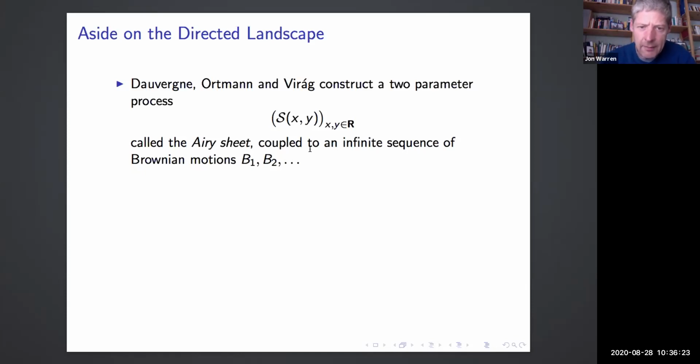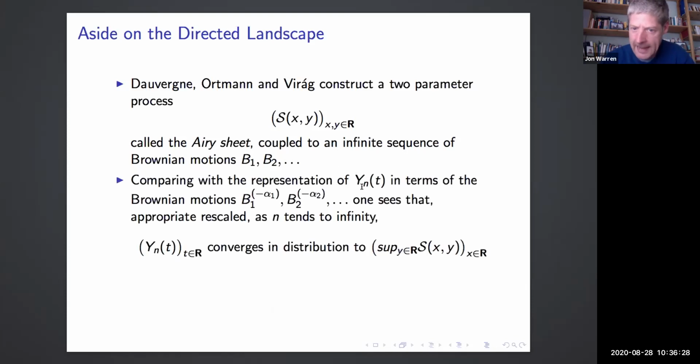And if you look at that coupling, and you look at the formulas that we had for Yn in terms of the Brownian motions we built it out of, the Brownian motions with drift, then what you see quite easily, immediately really, is that the YNT as a process, so the top line of this system of reflected Brownian motions, is converging in distribution to something that you can build out of the Airy sheet, which is that you take your 2-variable sheet and you take a supremum over the y, the second variable, and then that leaves you the x free.